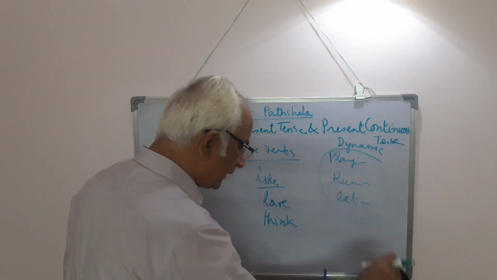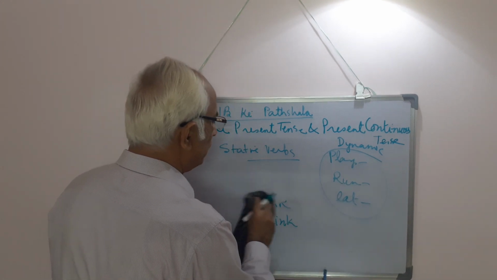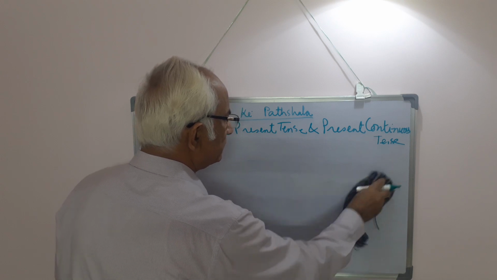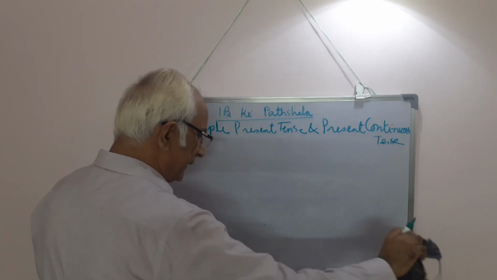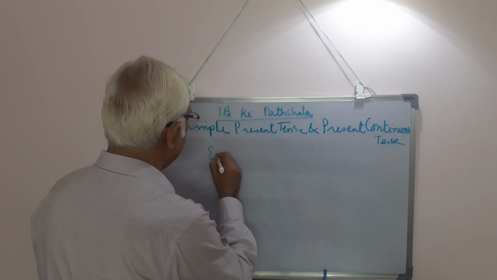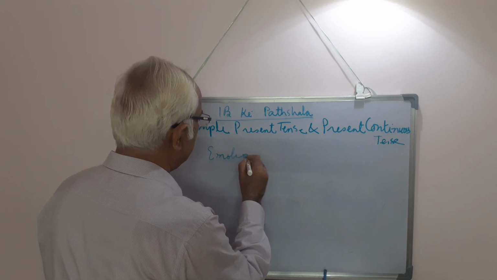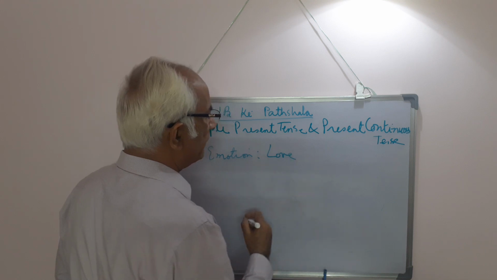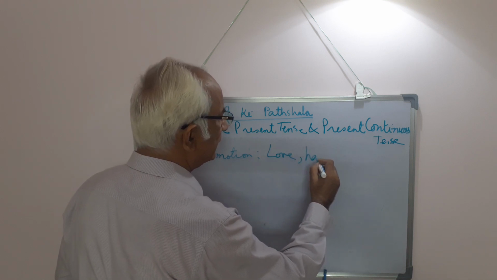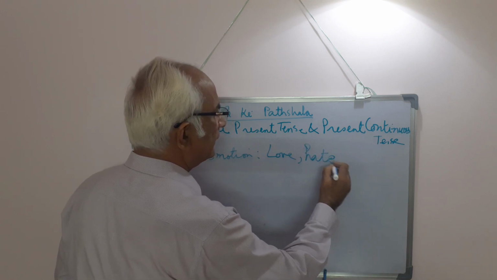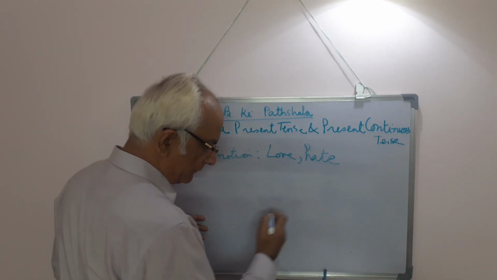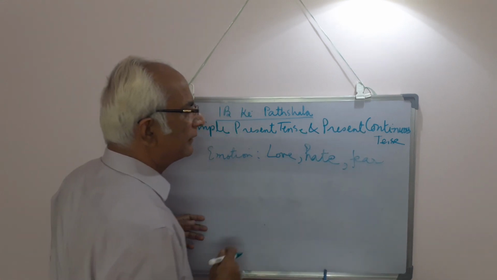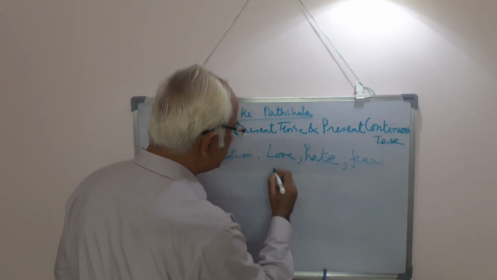So these are generally classified into 4 or 5 categories. One category is emotion. What's emotion? For example, love. I love my brother. Hate. I hate cricket. Fear. So these are emotions.